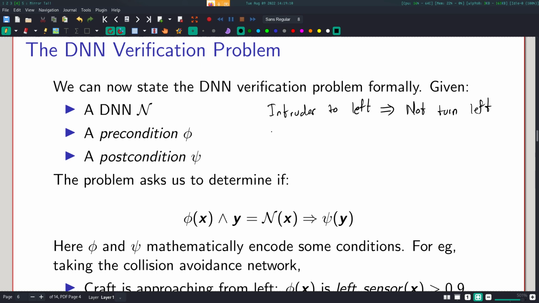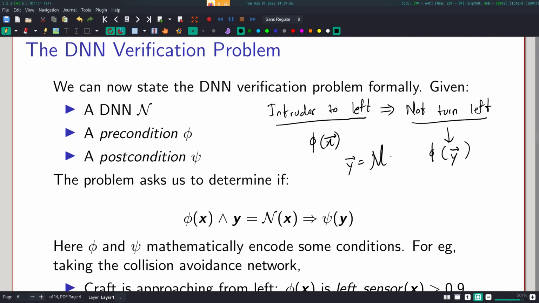Okay, so this intruder to the left is being encoded as this, and this not turn left is being encoded as this, right? And we know that this output is something that we get when we apply our DNN to the input. So if we combine all of these things into a single formula, this is what we'll get.